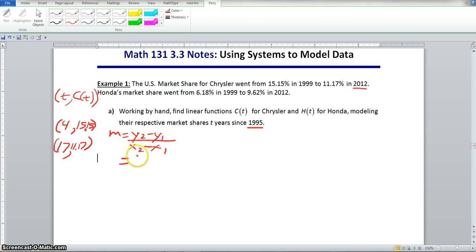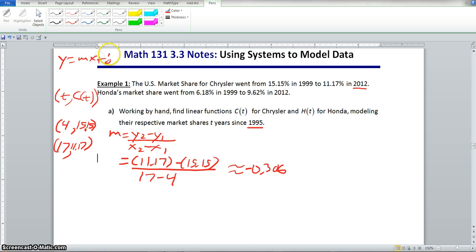Now we have 11.17, that's our y sub 2, minus our y sub 1, which is 15.15, all divided by our x sub 2, which would be 17, minus x sub 1, which is 4. After we put all of this in your calculator, this will give us approximately negative 0.306.